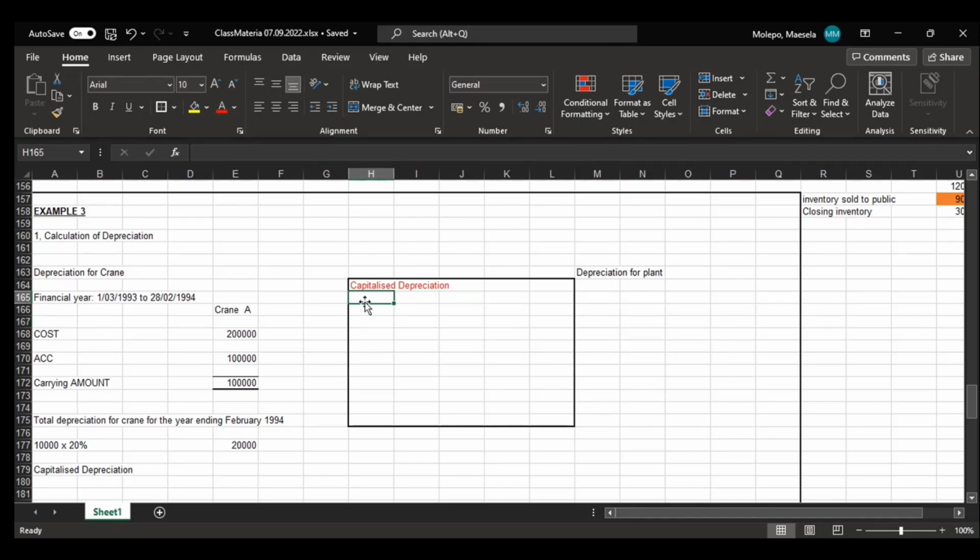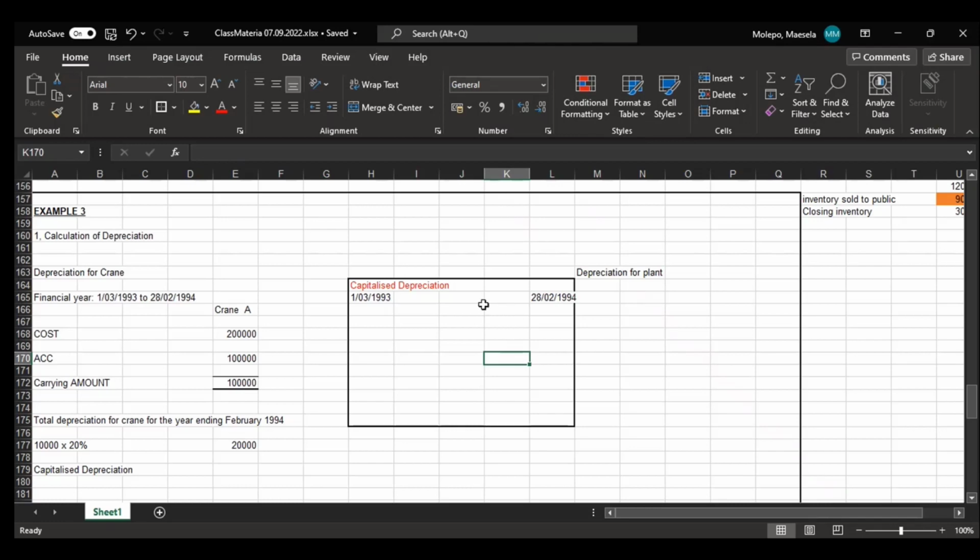All right. So they say they withdrew the crane from 1 March 93 to 31 December. Financially, we said it starts on 1/03/1993 and ends on 28/02/1994.